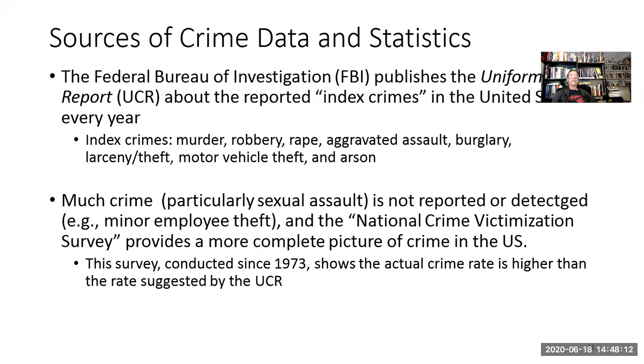They consider the most serious. Here's the list: murder, robbery, rape, aggravated assault, burglary, theft. I think it's over a certain value, so you're not going to be in the UCR for shoplifting a package of gum. Motor vehicle theft and arson, setting fire to a structure or a business or something.